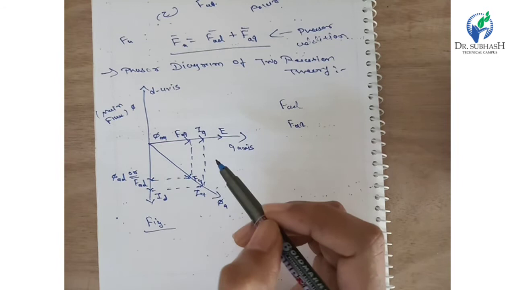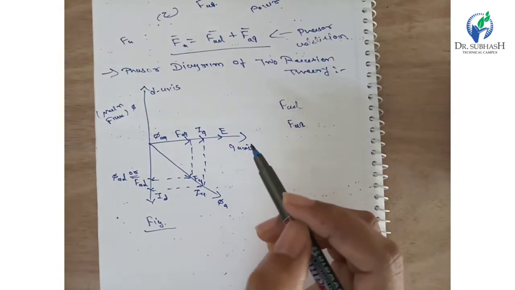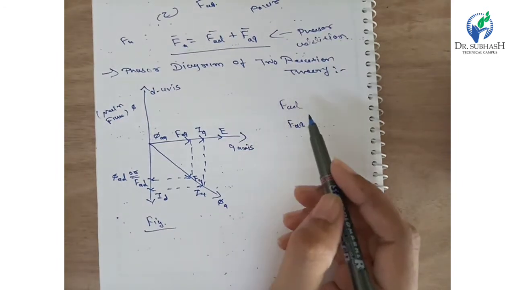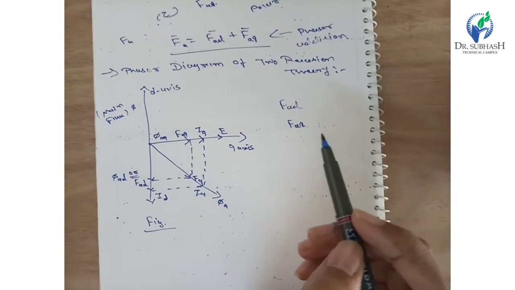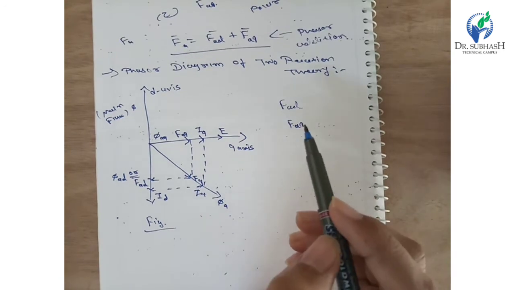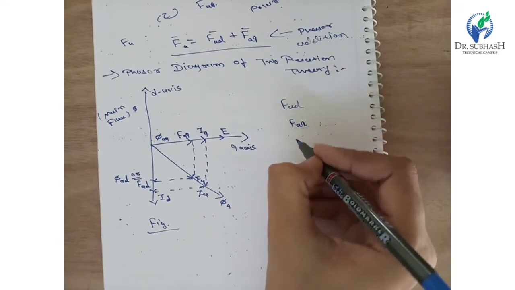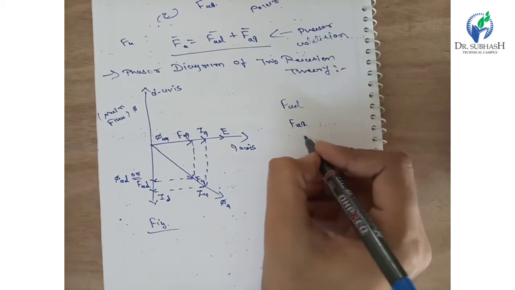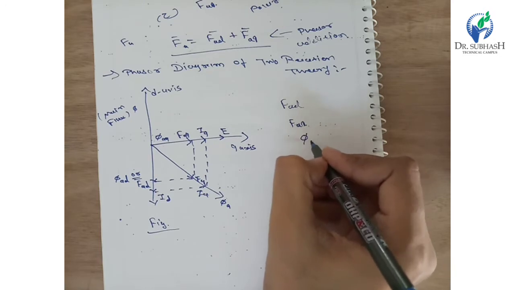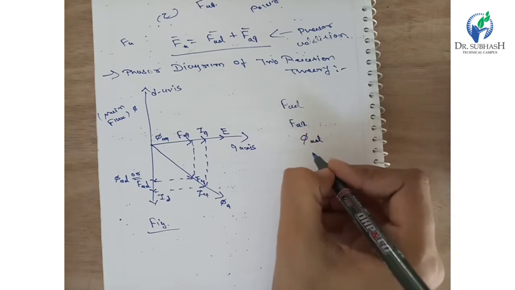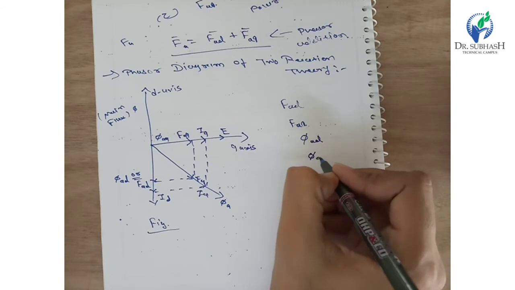These two MMFs, F suffix ad and F suffix aq, produce fluxes along them. The fluxes along them are phi suffix ad and phi suffix aq.